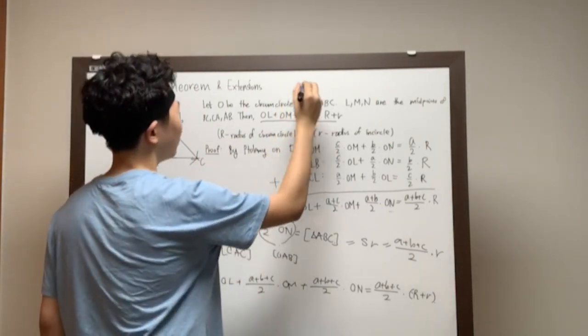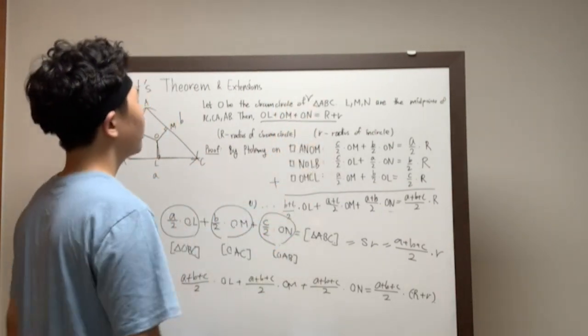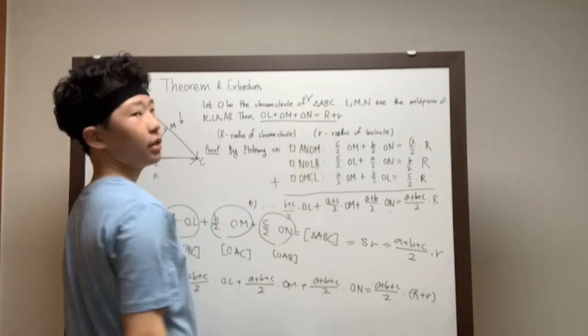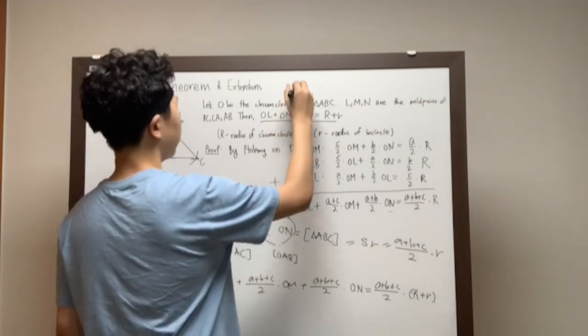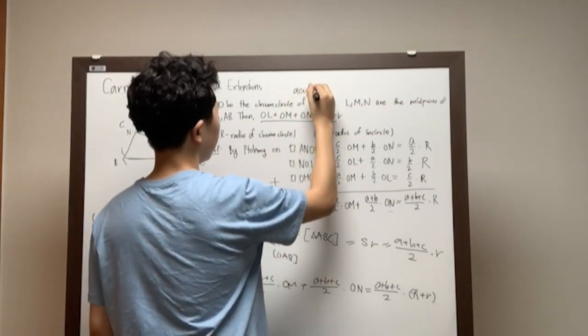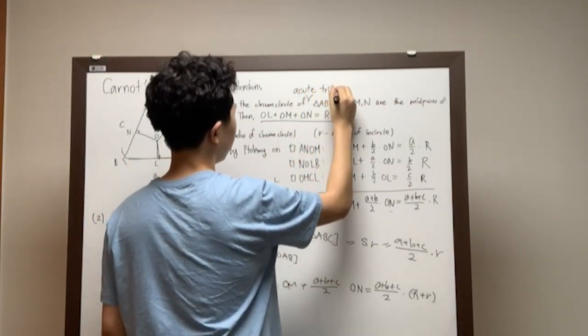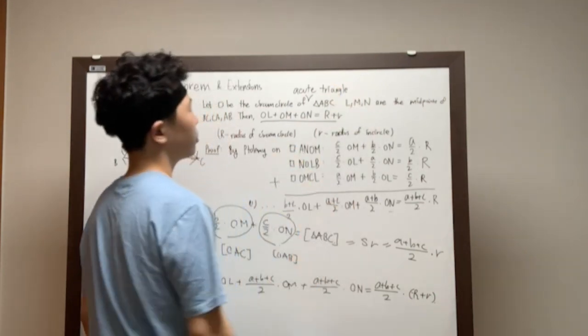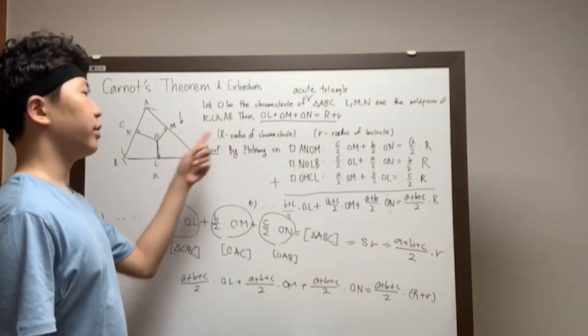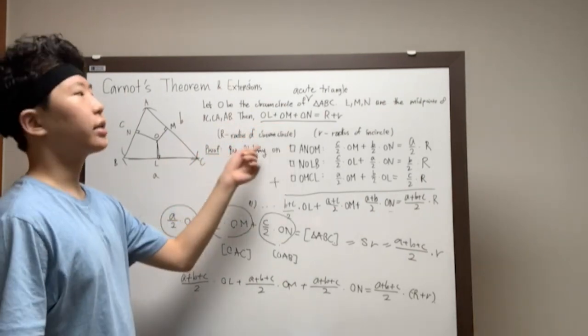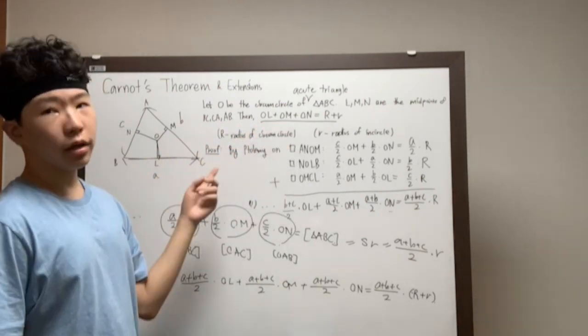I kind of made a mistake here, but I have to include that ABC is actually an acute triangle. So I'm sorry, but this equation only holds for the case when ABC is an acute triangle.